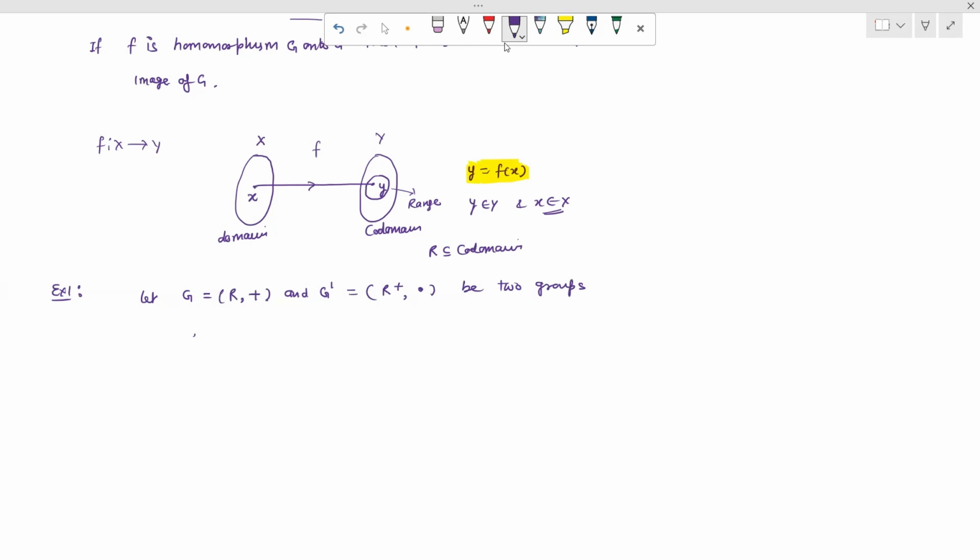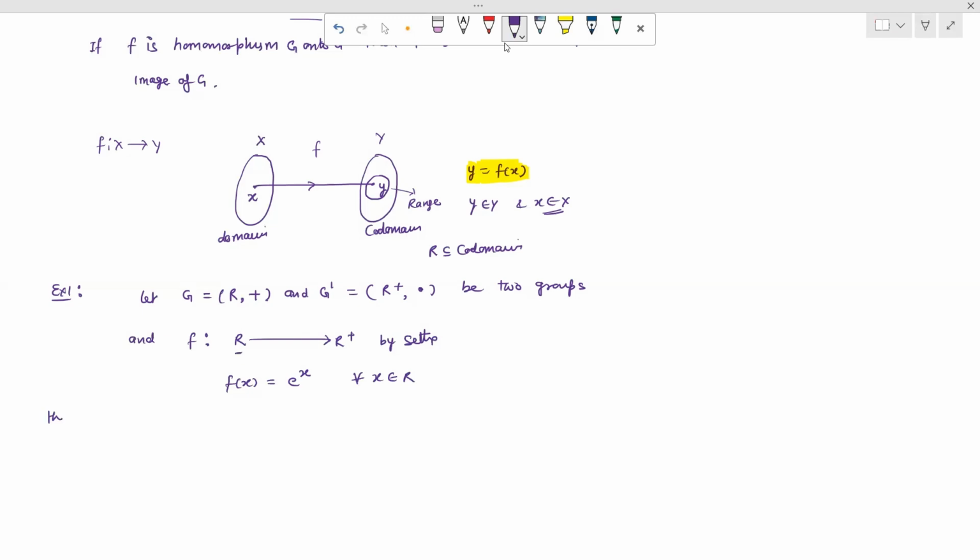The function is defined from R to R plus, that means real numbers to positive real numbers. We take the function f of x equal to e raised to the power x, for every x belonging to R, the domain.